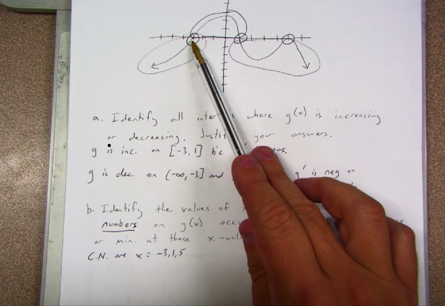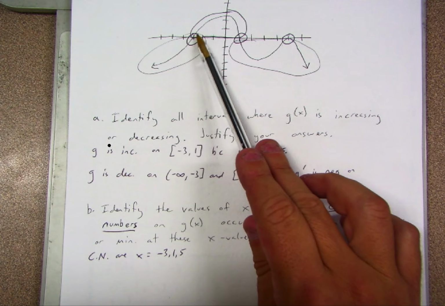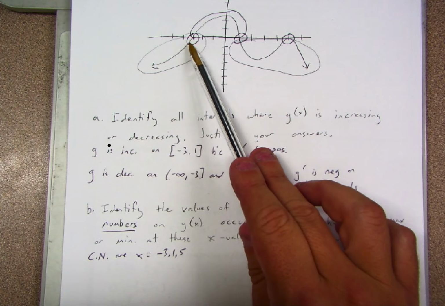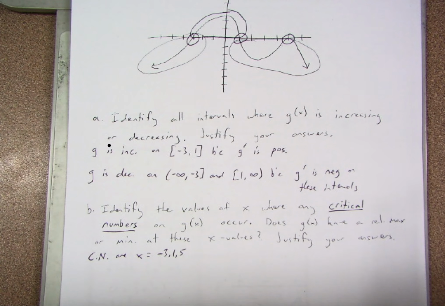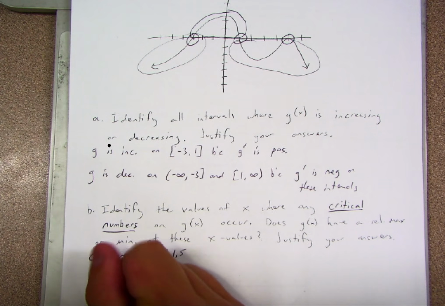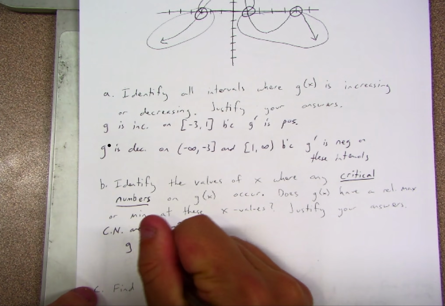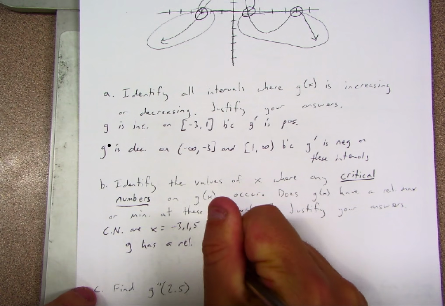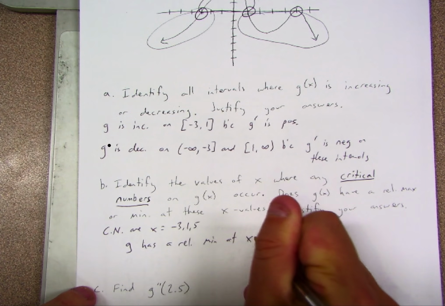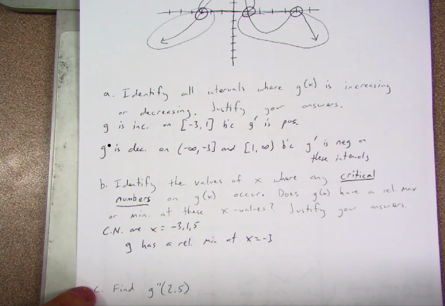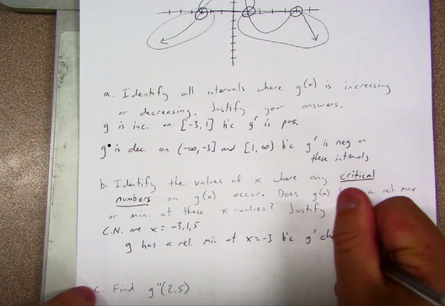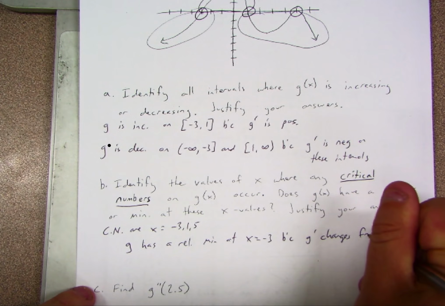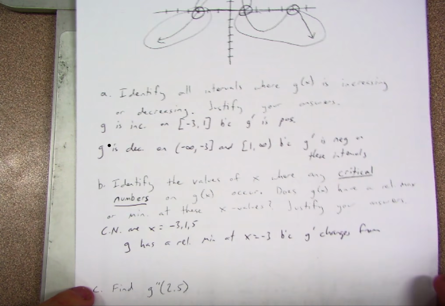Notice right here, G prime is negative, and then over here, G prime is positive. G prime changes from negative to positive right at -3. That creates a minimum. So G has a relative min at x equals -3 because G prime changes from negative to positive.